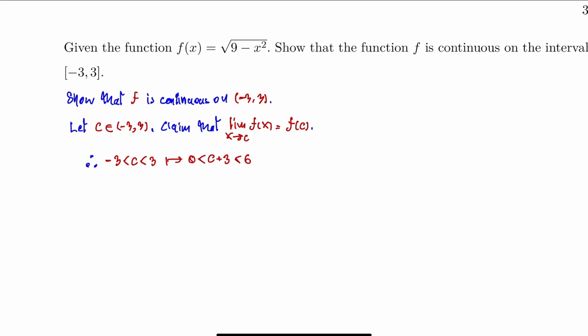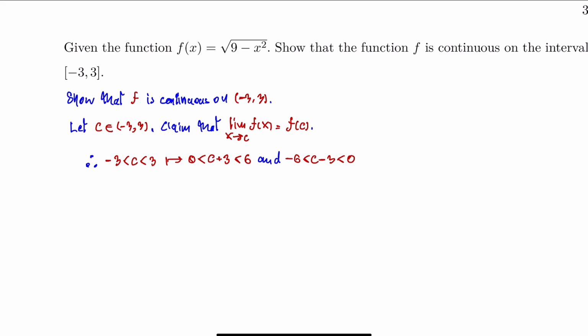And then subtract c from all sides of this inequality. So we're going to have -6 less than c minus 3 less than 0. Okay, less than 0.